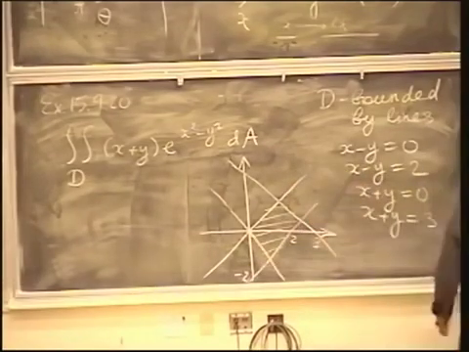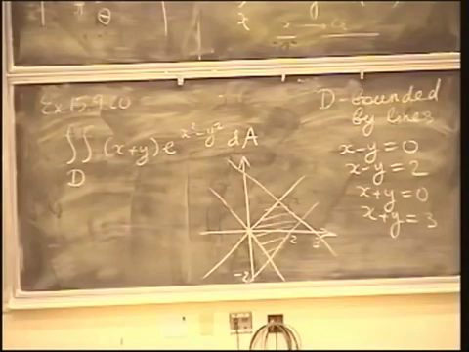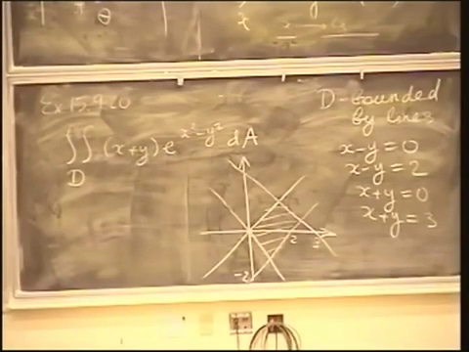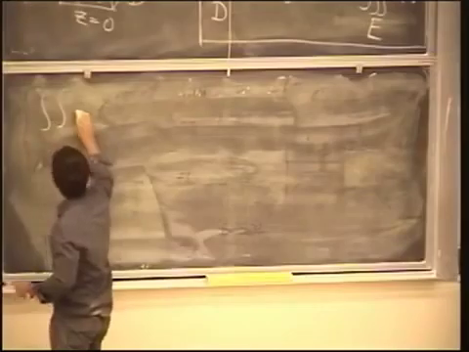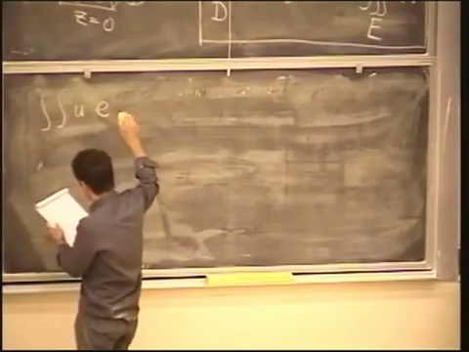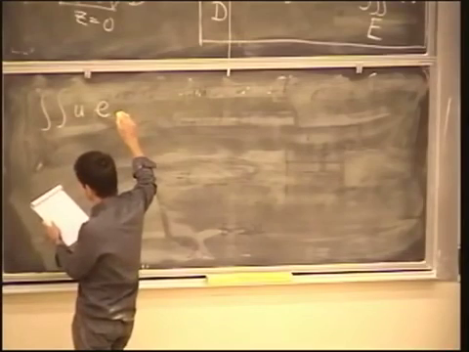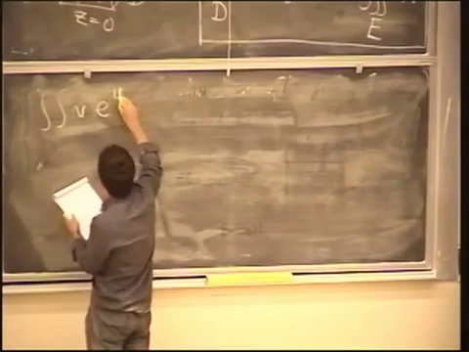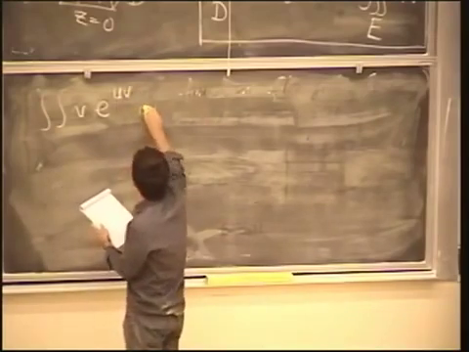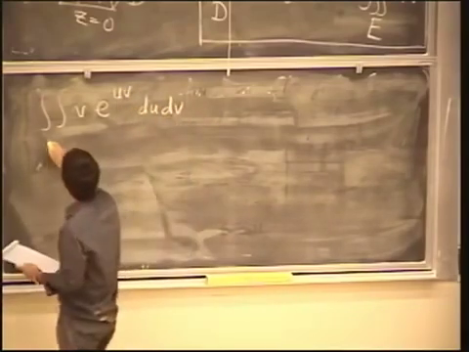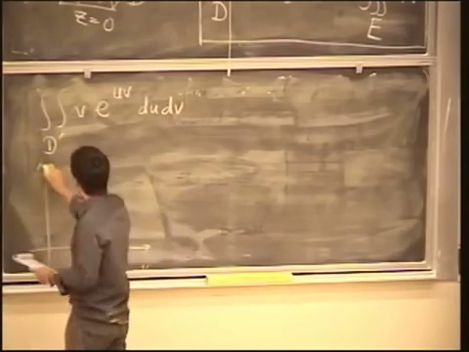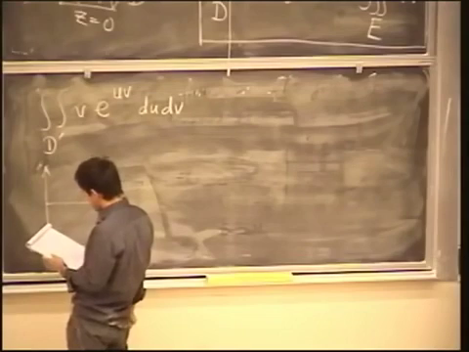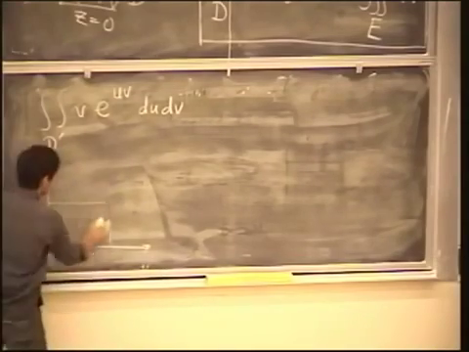And what is this coordinate system? Well, what if I told you that instead of calculating this integral, you would have to calculate the integral of u times e to the v times u times v du dv, over some region D prime, where D prime would be simply u going from 0 to 2, and v from 0 to 3?